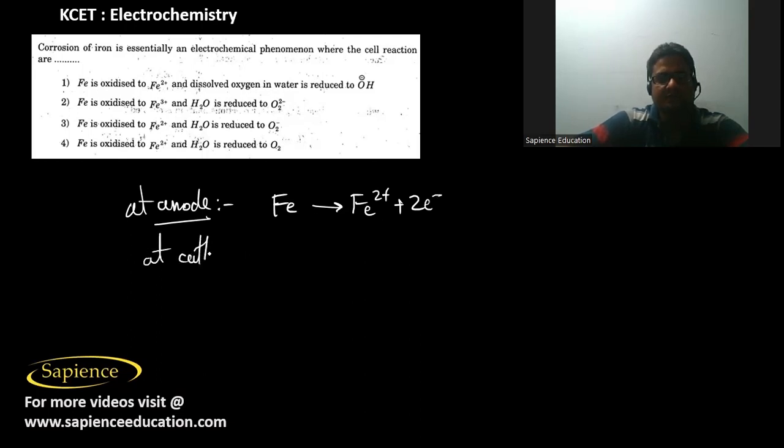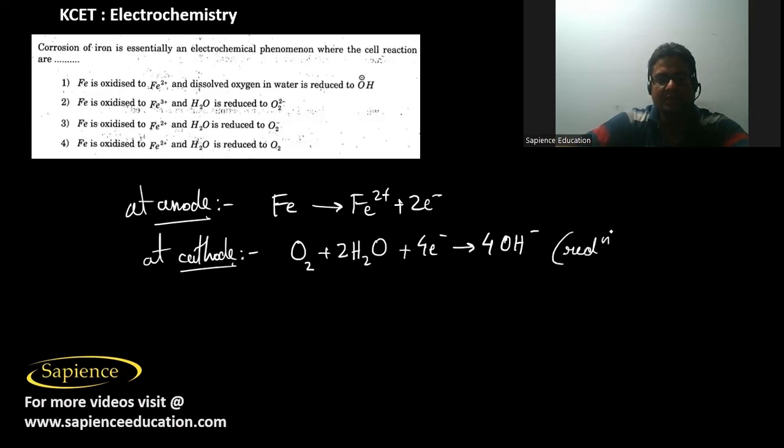And at the cathode, the oxygen will be reduced in the presence of H2O. It will gain 4 electrons to form hydroxide ion. So at the cathode there is reduction, and at the anode there is oxidation, since there is loss of electrons at the anode, and at the cathode there is gain of electrons, so there is reduction.